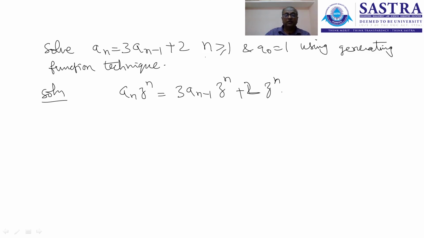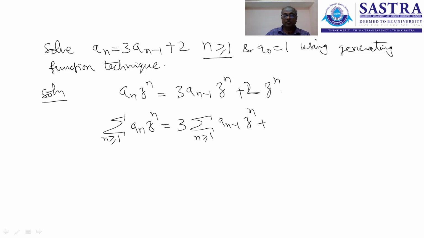Now if you look at this, n is greater than or equal to 1. So what I will do is sum over n greater than or equal to 1: the summation of a_n z power n, and 3 times the summation of a_(n minus 1) z power n, where n is greater than or equal to 1, plus 2 times the summation of z power n, where n is greater than or equal to 1.